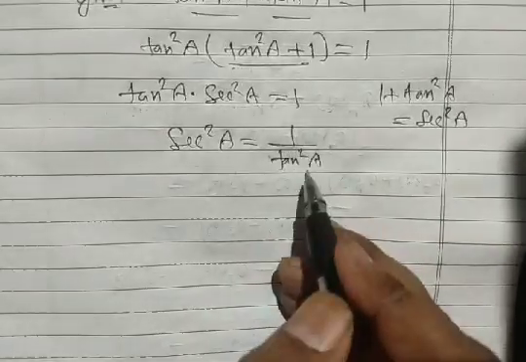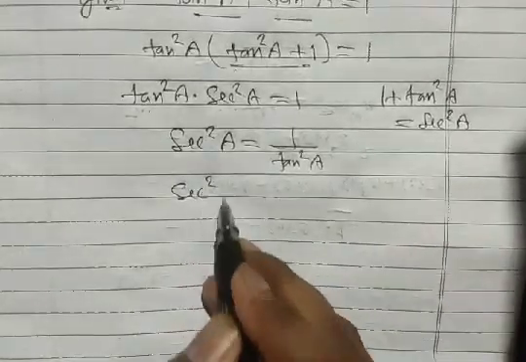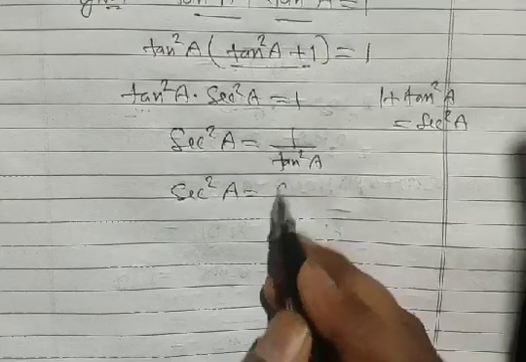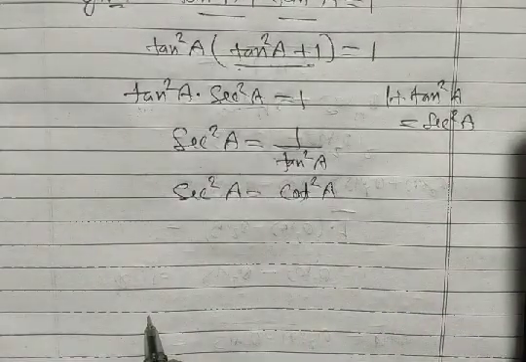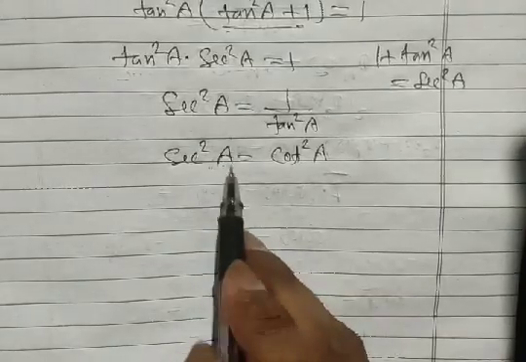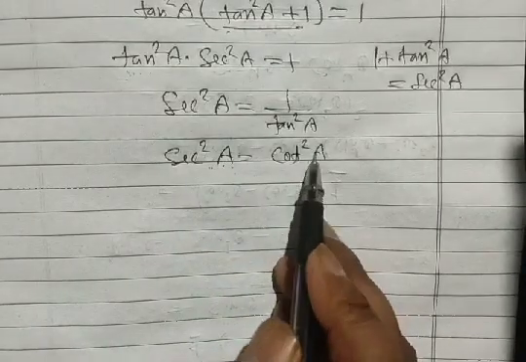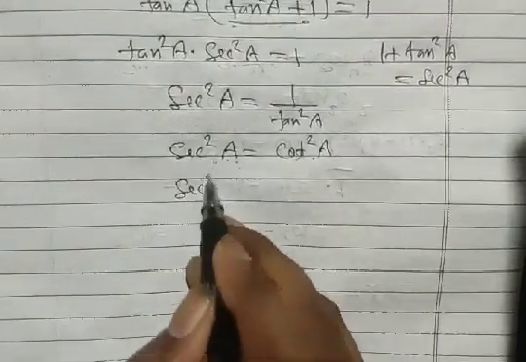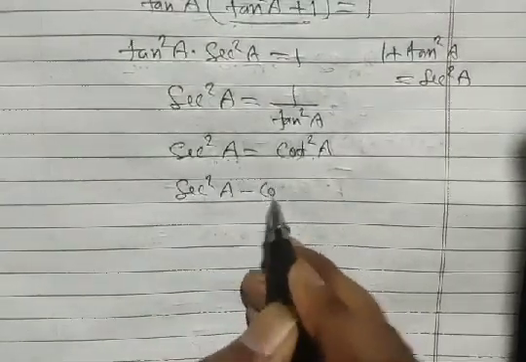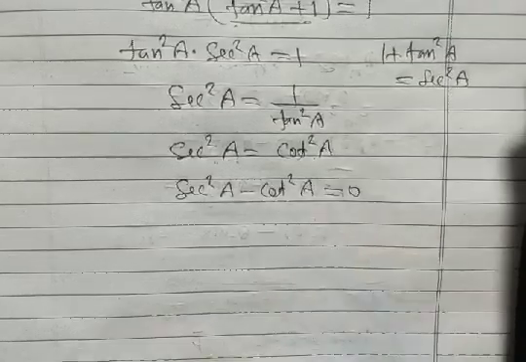Now what is 1 upon tan? It's cot. Then our sec square a is equal to cot square a. Then sec square a minus cot square a equal to 0.